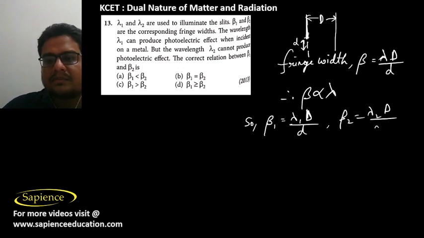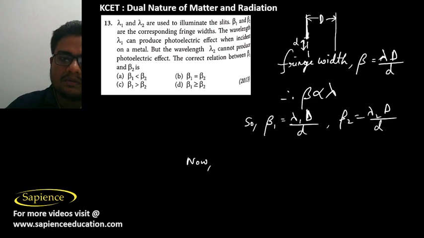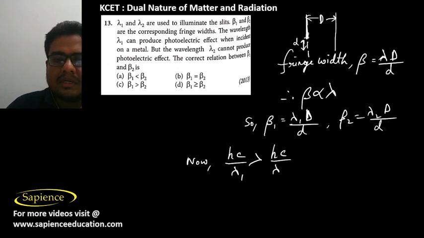So now wavelength lambda 2 cannot produce photoelectric effect and lambda 1 can produce photoelectric effect. It means that hc by lambda 1, this energy, is obviously more than hc by lambda 2.